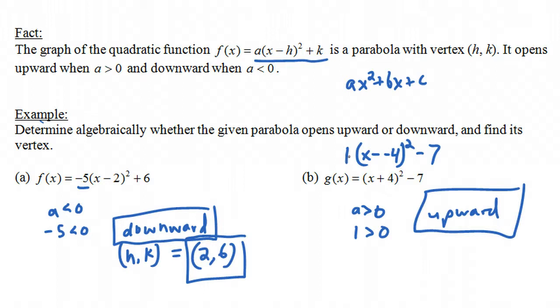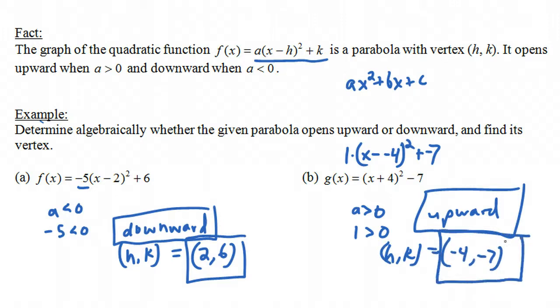In fact, you could think of it as a 1 out front. So the a is 1, the h is negative 4, and the k is negative 7. In fact, you could think of it as plus negative 7. So actually, h comma k is negative 4 comma negative 7, and that is the vertex.